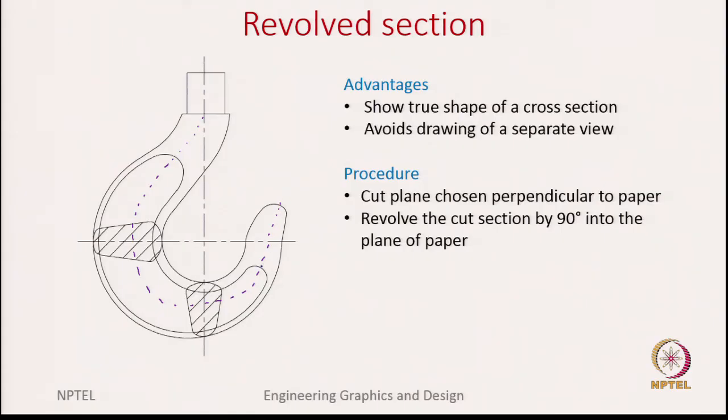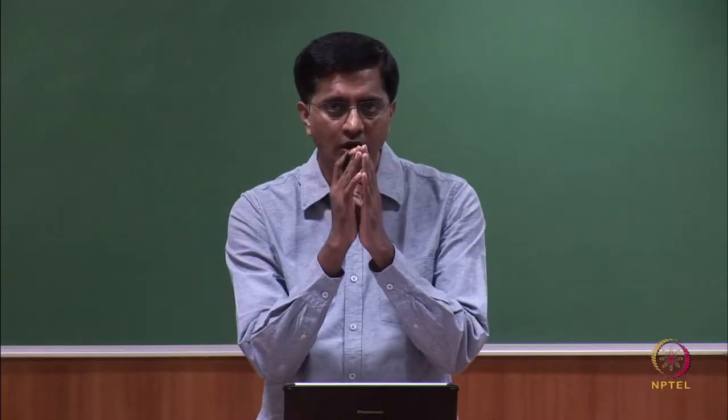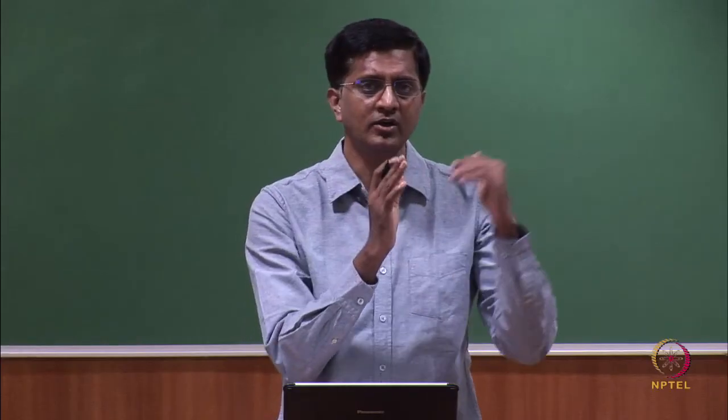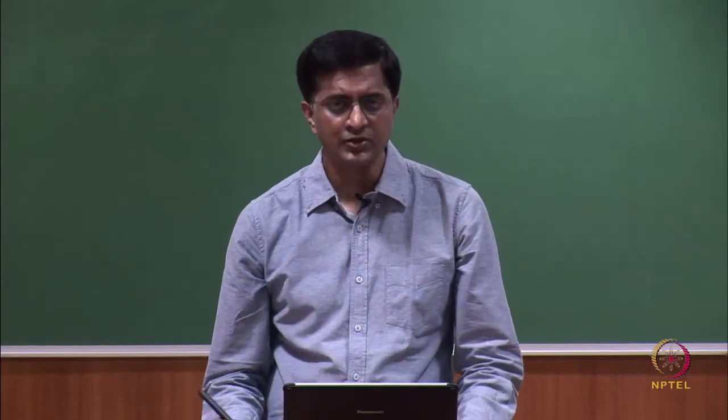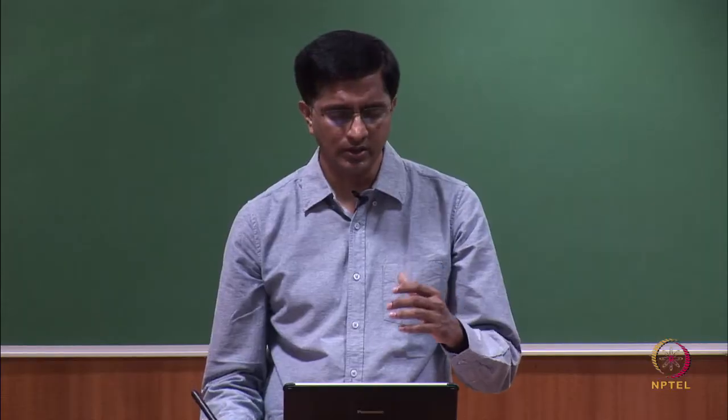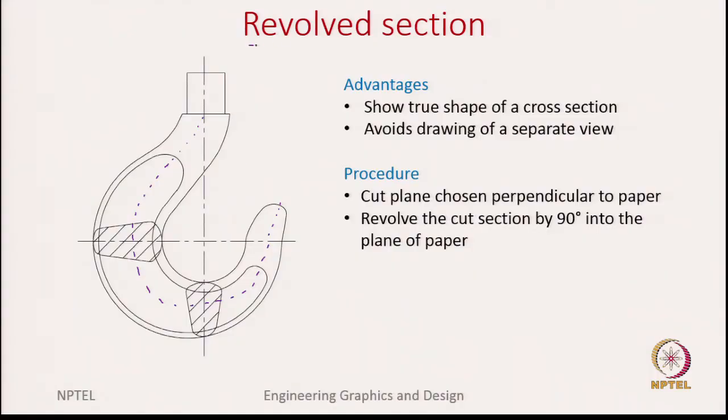As you go along this curve, the cross section keeps changing, but how do we convey that information? We have to convey that information on a drawing sheet. That can be conveyed when we can show how the cross section changes at different locations. So, there are multiple ways of showing it. In this slide we are showing the revolved section. In the next slide we will see another method.